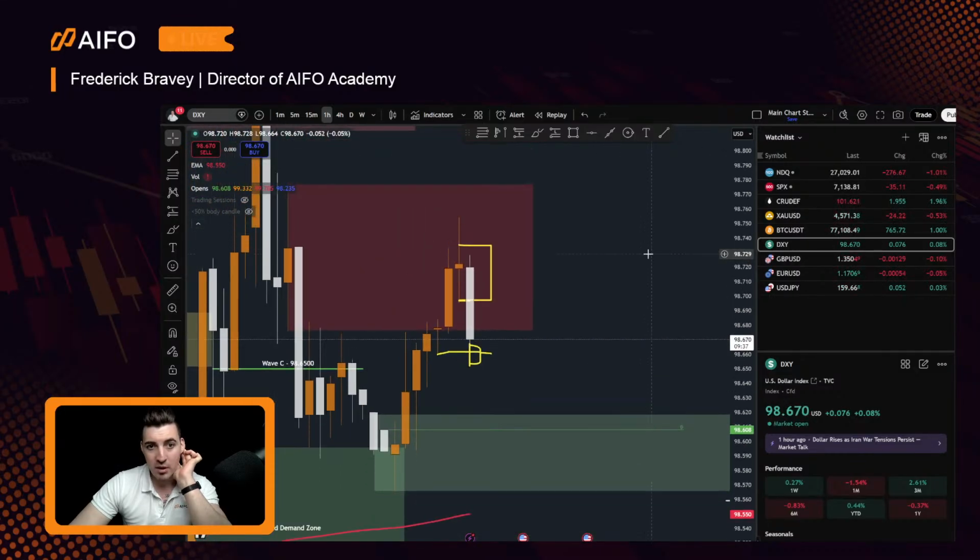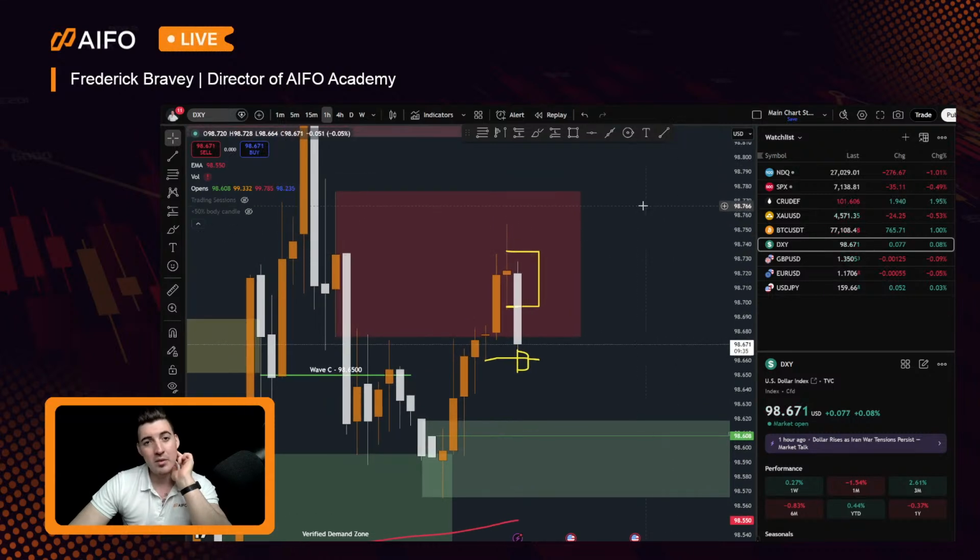Okay, based on price action concepts, this is looking pretty nice because we're seeing a reversal doji formed, and these are historically indications that reversal is about to happen.